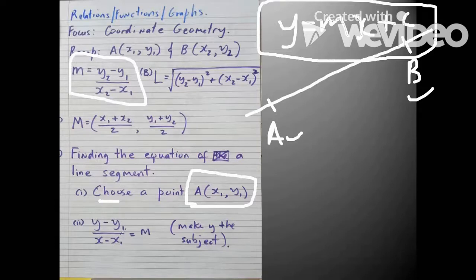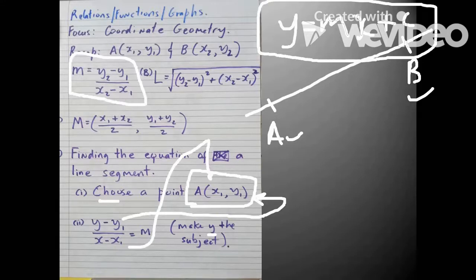Now this y value is the y value of the point you choose. Divided by, notice the gradient formula, x subtract the x value of the point we choose, which is x1. And that's going to equal the gradient. And what we do next is that we're going to make y the subject of the formula and get it looking like y equals mx plus c.